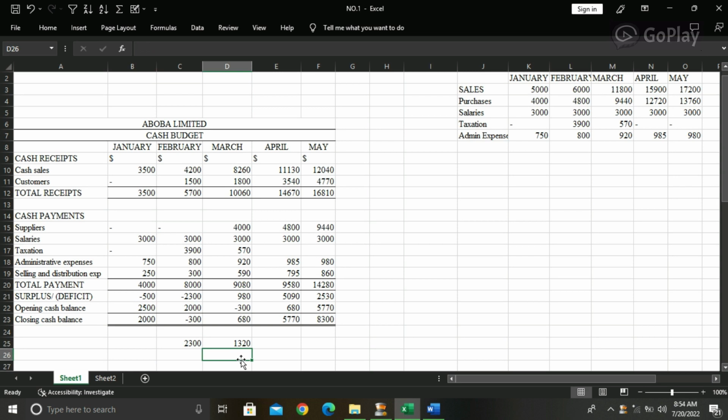So if there is a sub question where you are asked to calculate the company's minimum cash requirement to keep on with smooth operation, that will be the summation of these two figures, giving you 3,620.